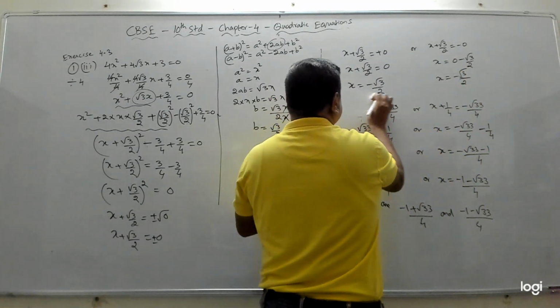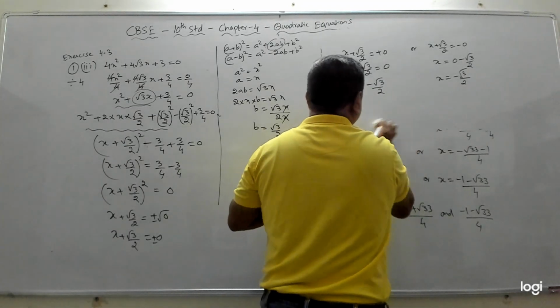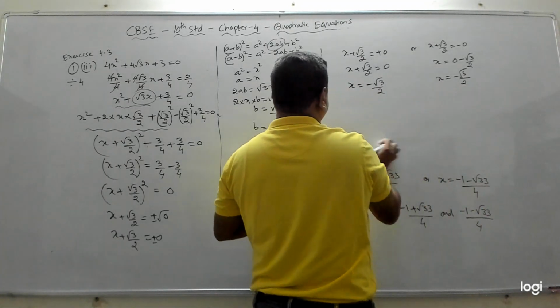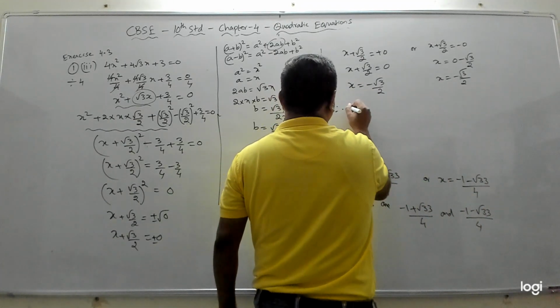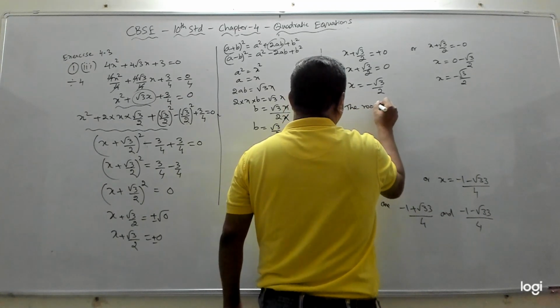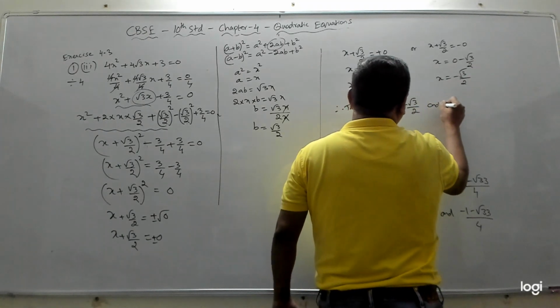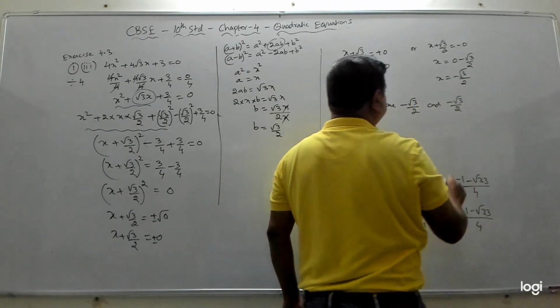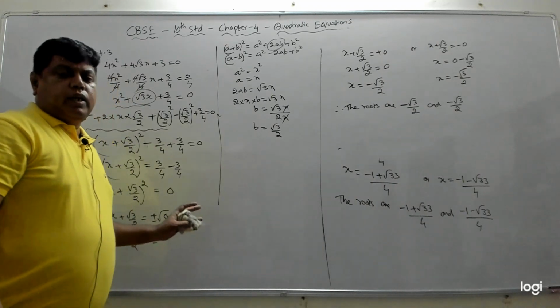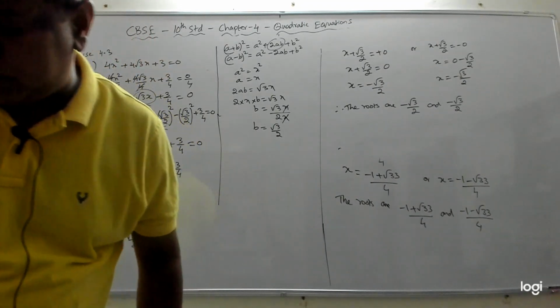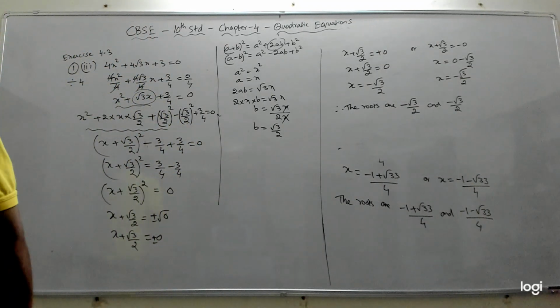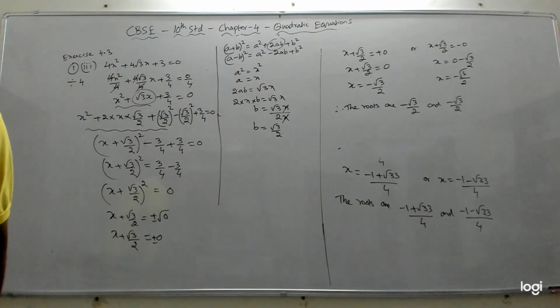So in either case, your x value is minus root 3 by 2. Therefore, the roots are minus root 3 by 2 and minus root 3 by 2. So this is the answer for your third subdivision in 4.3.